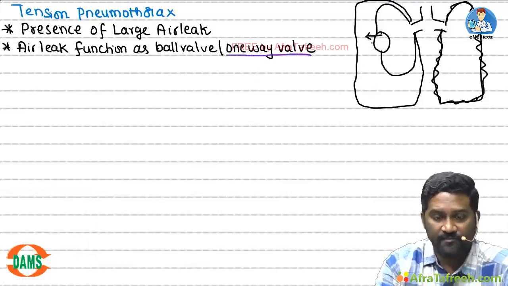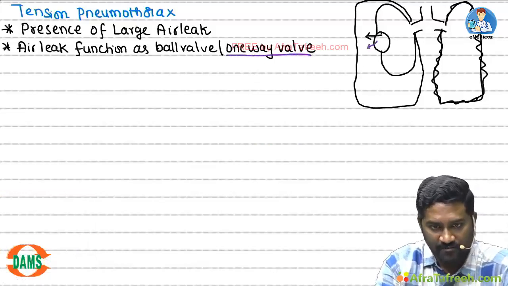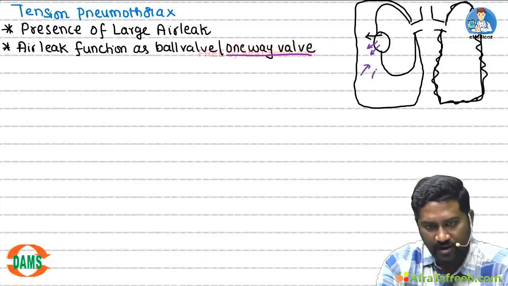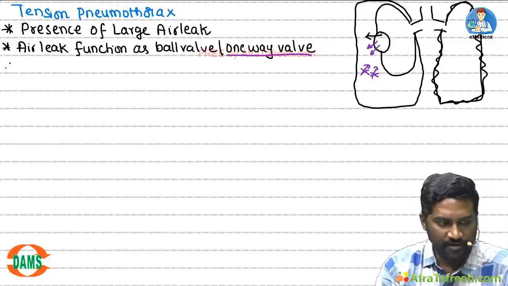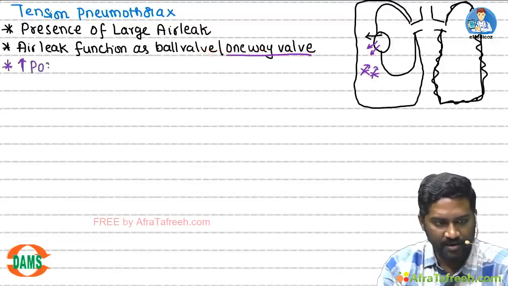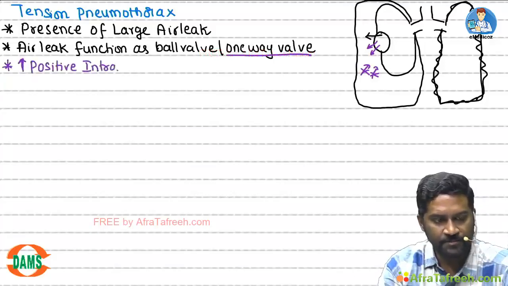What is meant by one-way valve? During inspiration, air will go into the pleural space. During expiration, nothing is coming out. Because of that, with each inspiration, there will be increased positive intrapleural pressure.